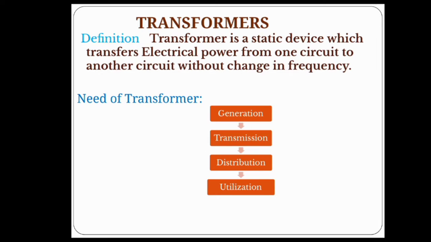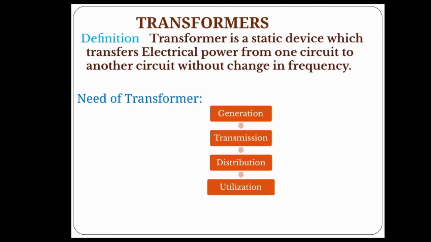After that, it has to be stepped up in the transmission network, because there are a number of reasons that occur in transmission systems. After that, that high voltage AC power has to be stepped down in the distribution system. Distribution systems are nothing but they distribute the power between our localities.